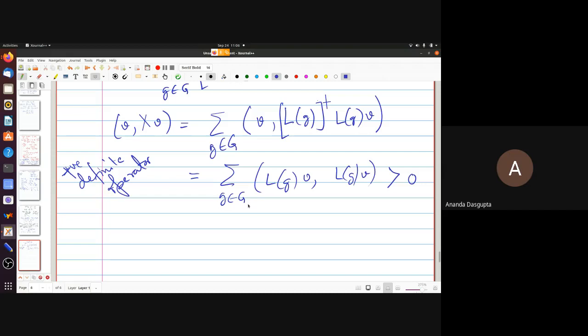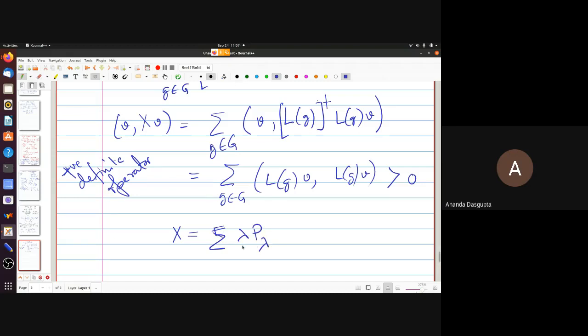Okay. Now for a Hermitian positive definite operator, we will borrow some basic results from linear algebra, but you have all learned about them several times in quantum mechanics, that you can write this X as this.